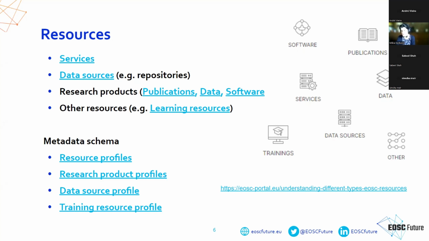Data sources are usually repositories or aggregators. I will explain later what the difference is between data sources and, for example, services. Research products, so publications, data, software, etc., and other types of resources like learning resources and any other that cannot be classified into any of these groups. All of these things are called resources, and they are subgroups within this overarching term resources.